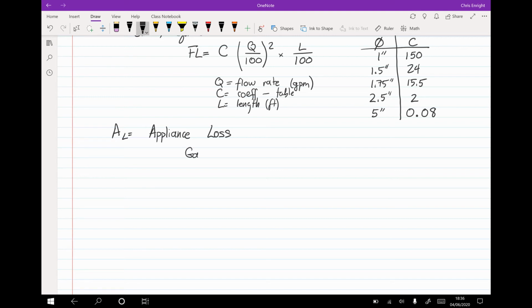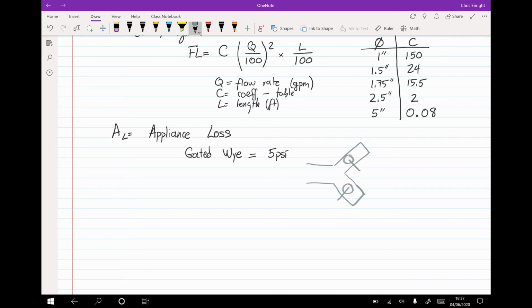So gated Y, that's about 5 psi. So this is for your just standard, water comes in this way, and then it splits in half. And sometimes you can have a valve.